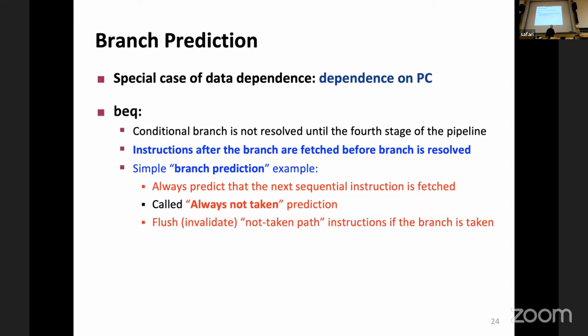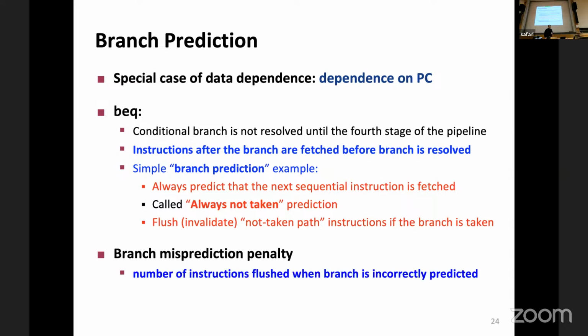But at some point you will see that this prediction is wrong, which is a misprediction, and you need to flush all the instructions that you were executing in a wrong manner. That brings us to the branch misprediction penalty: the number of instructions you flush in your pipeline is the penalty you pay.